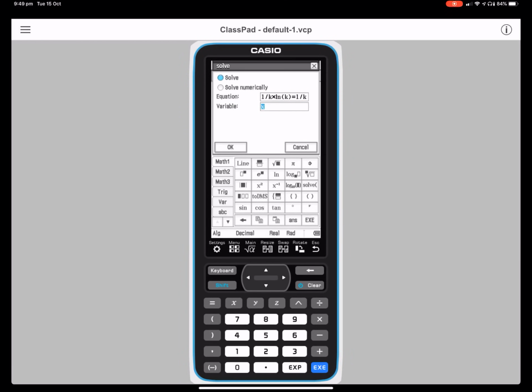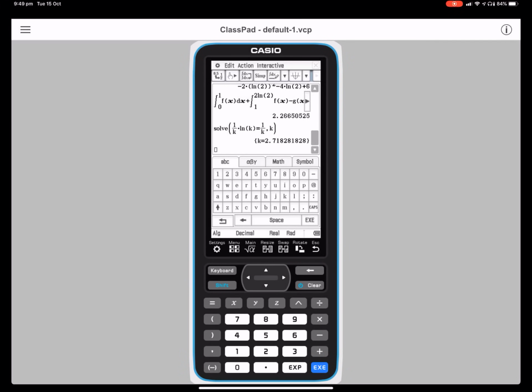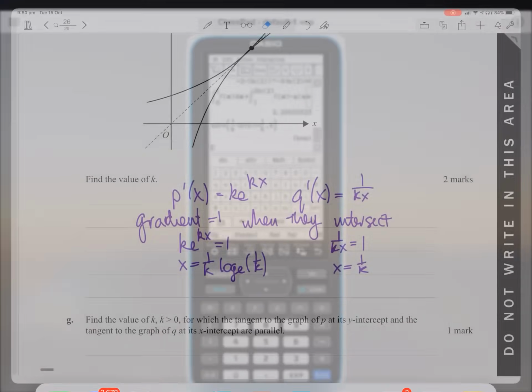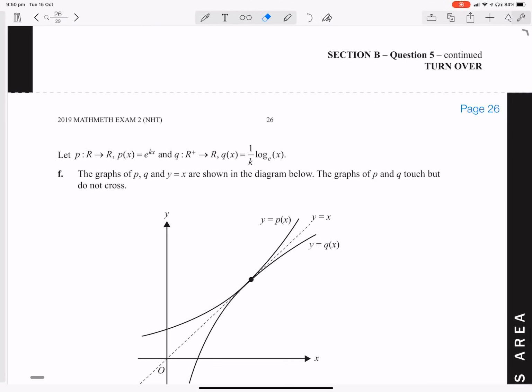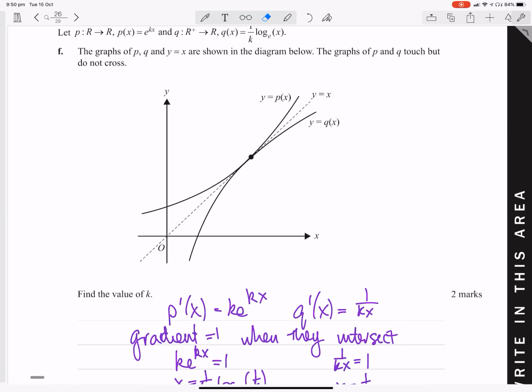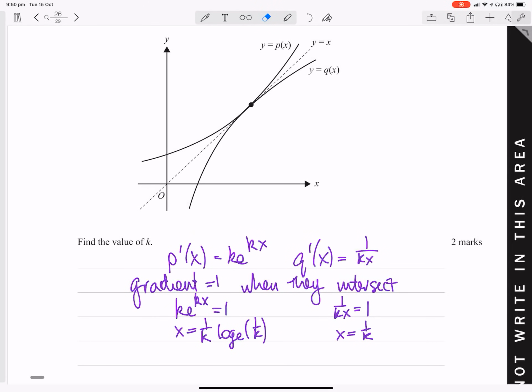Solve for k. Did I stuff something up? So find the value of k. They're going to have the same x value when their gradients are the same.